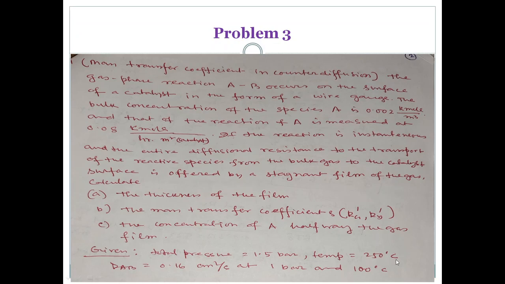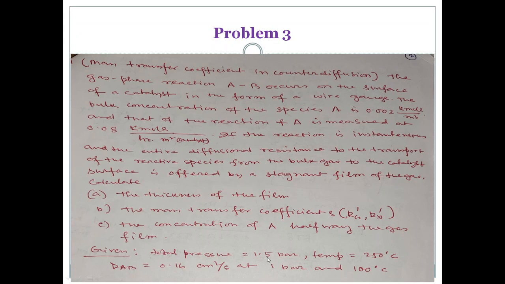Temperature is 250 degrees centigrade. DAB is 0.16 centimeter square per second, that means 1.6 into 10 to the power minus 5 meter square per second. But this is given at 1 bar and 100 degrees centigrade, whereas your reaction condition is 250 degrees centigrade and 1.5 bar.